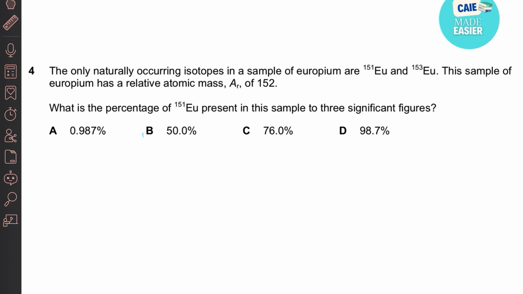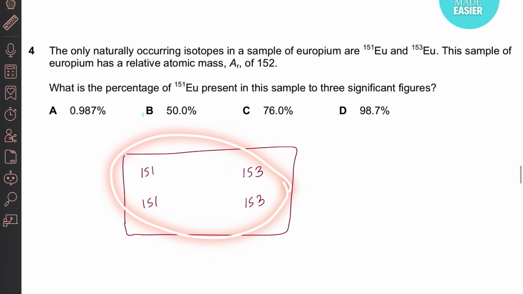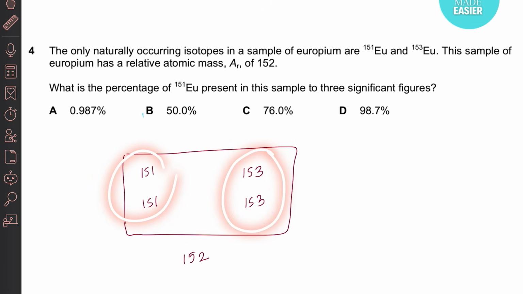So they're saying that we have a sample, and in this sample, we have Eu-151 and we have Eu-153. So we have multiple of these atoms, obviously. And then they're saying when you find the average Ar is 152, which is in the exact center between both of them. That means the amount of atoms that have the mass of 151 is equal to the amount of atoms that have the mass of 153.